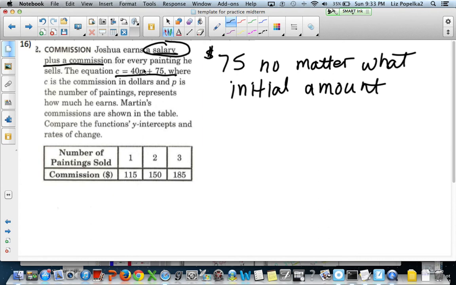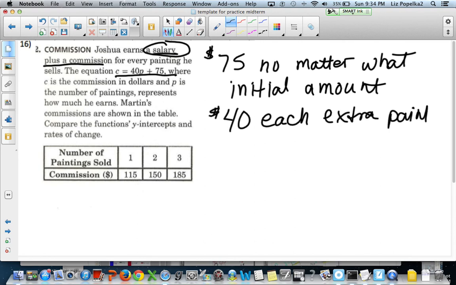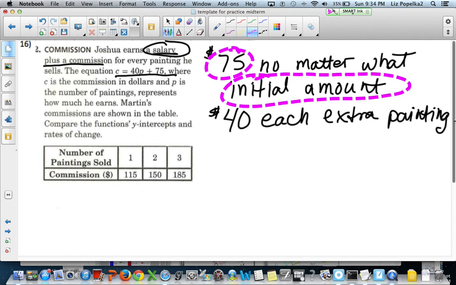But then you can tell from the equation, he gets $40 for every painting that he sells. So he also gets $40 for each extra painting that he sells. So where that $75 is his initial amount, he's going to get that regardless of how many paintings he sells.